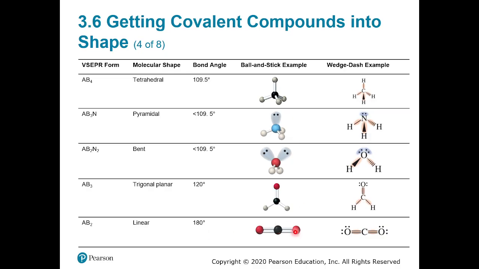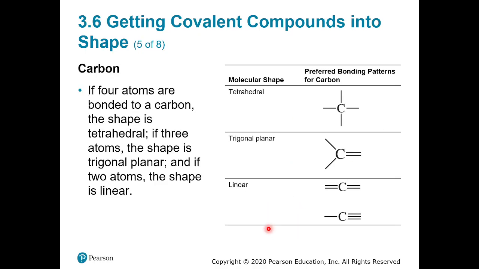If you have 2 or 1 bonding domain, it's always linear. You can't not be linear, because it's just straight.